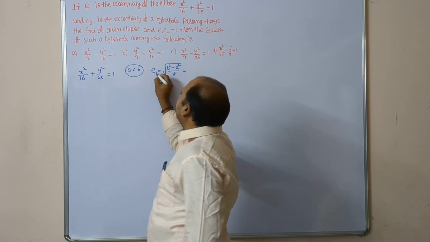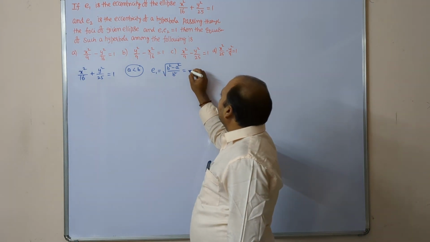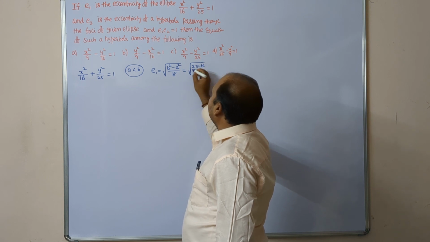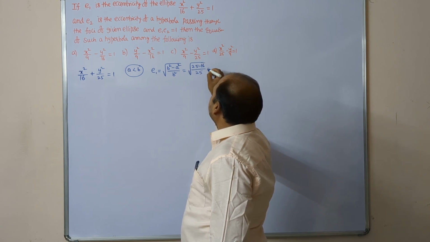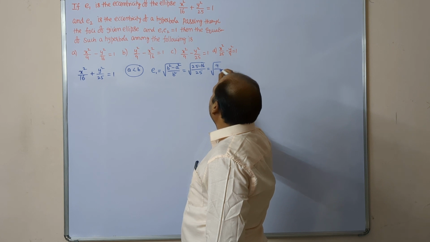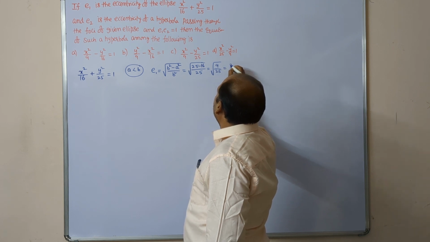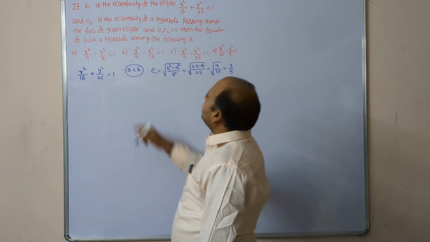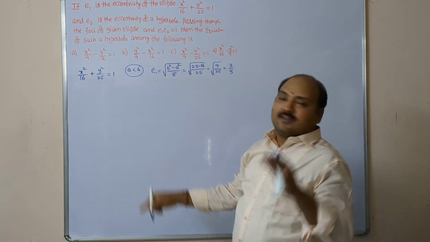First we will calculate here. Root of 25 minus 16 divided by 25, that is equal to root 9 divided by 25, that is equal to 3 by 5. And also one more condition: E2 is the eccentricity of the hyperbola.